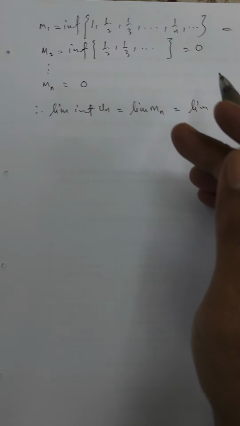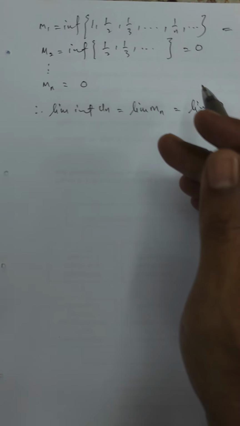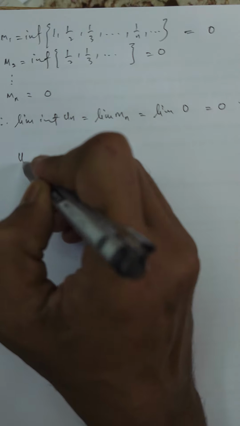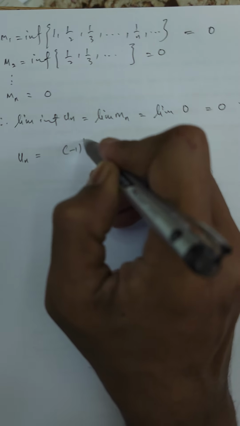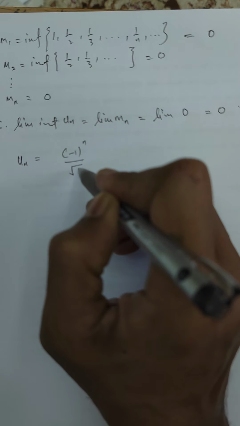Okay, I consider this example. Let's say we have Un given as (-1)^n over n.